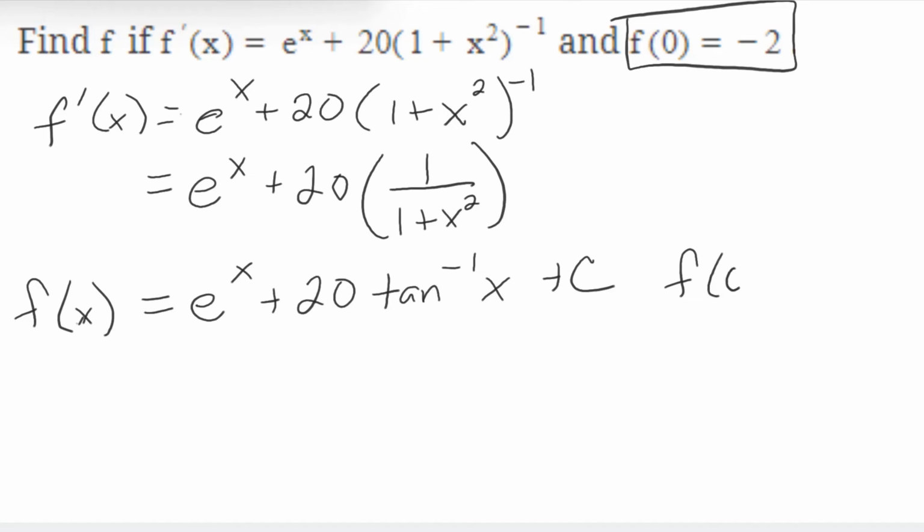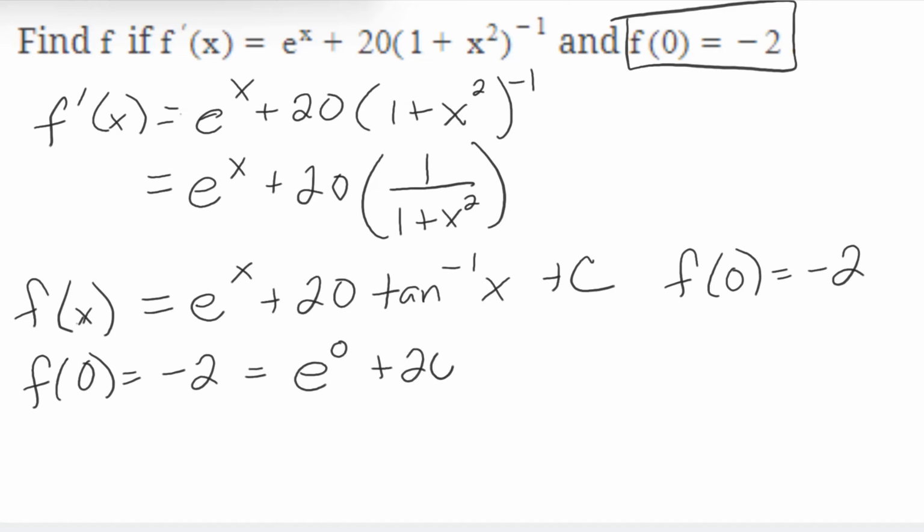All right, so now I've got f of 0 equals -2. So they want us to find c to get the exact value of the function. So we're going to plug in 0. So I got e to the 0 plus 20 arctangent of 0 plus c. What's e to the 0? 1. Remember, arctangent's the opposite, right? So what angle is going to give you 0 for tangent?